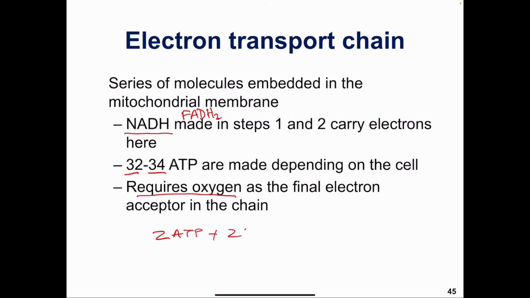Another $2 million here, and another $32 million. So you have altogether 36 ATP, $36 million.